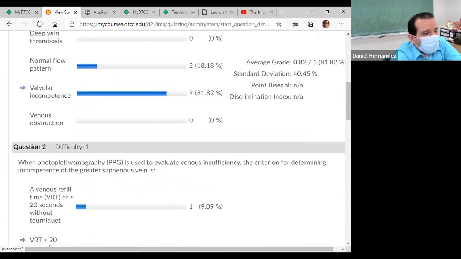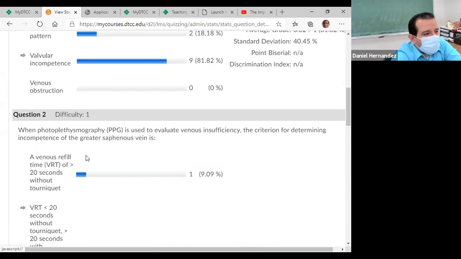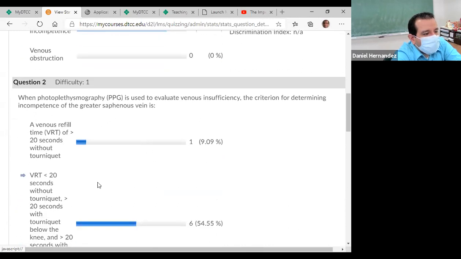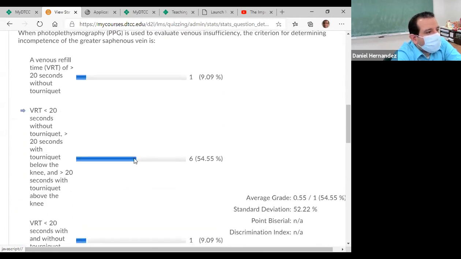So when photoplethysmography is used to evaluate venous insufficiency, the criteria for determining incompetence of the greater saphenous vein is, for greater saphenous vein, we have a venous refill time of less than 20 seconds without the tourniquet.